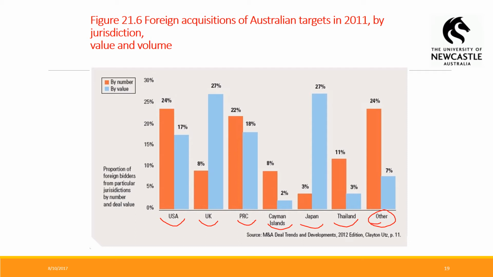The orange bar shows us the number of acquisitions by, for example, US acquirers, and the blue bar shows us the total value of these M&A transactions coming from the USA, for example.